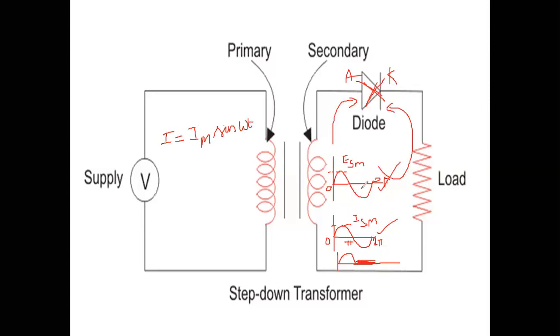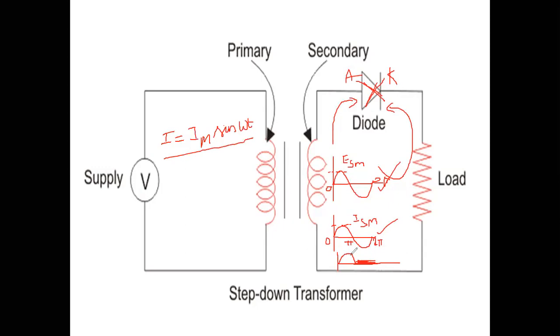Since this is a sinusoidal signal, I can write it like this. This current is called the load current, IL.